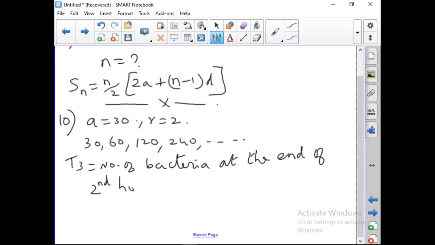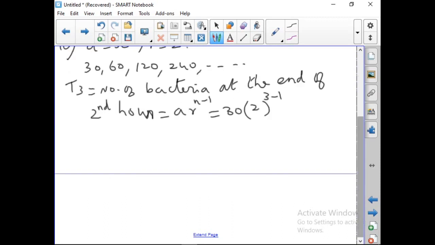It is equal to a r power n minus 1, so 30, r is 2, 2 power 3 minus 1. So it is 30 into 4, since 2 power 3 minus 1 is 2 square. So 120.